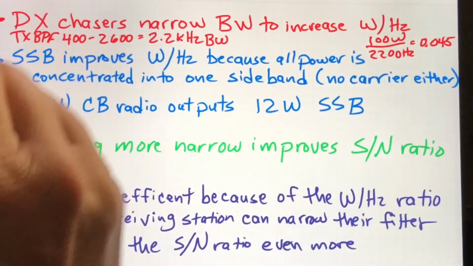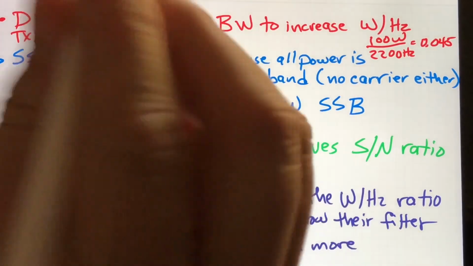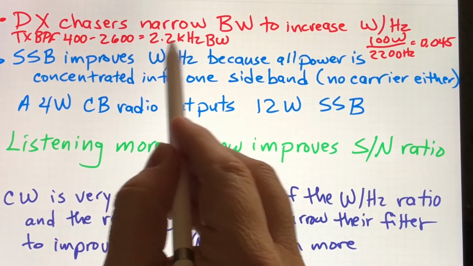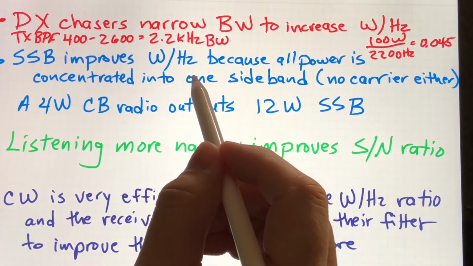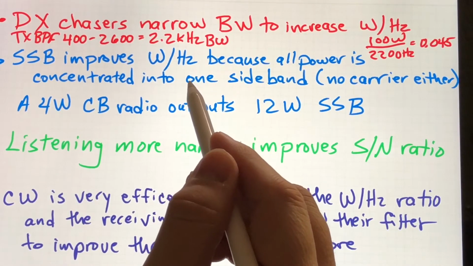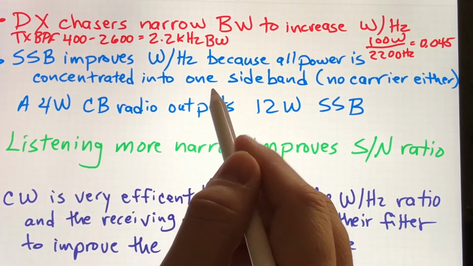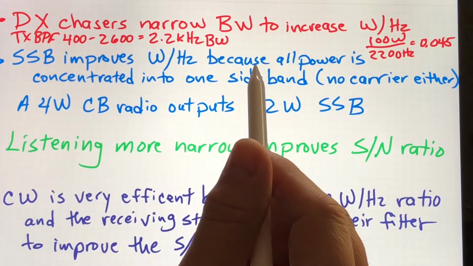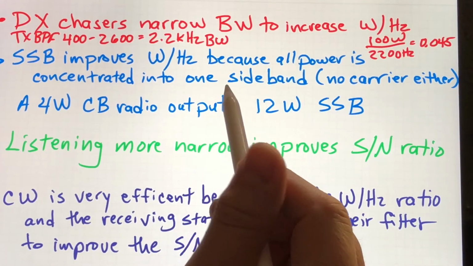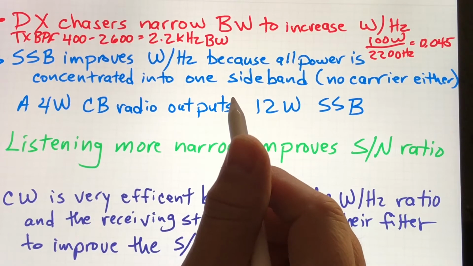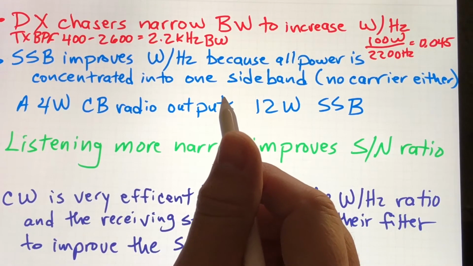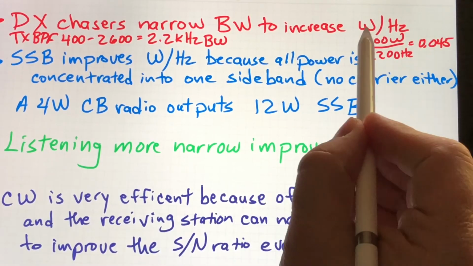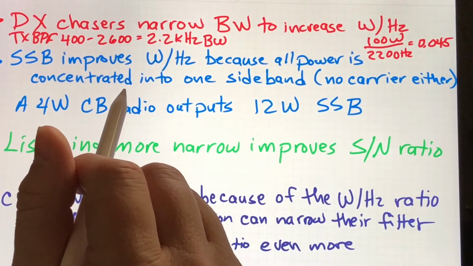So now on the transmitter side, if the person on the transmit side were to narrow their bandwidth, again, 2.2 is extreme, but honestly, 2.8 is plenty. 2.4 to 2.6 is not a bad place to land if you're wanting the best compromise between how you sound, and still have some punch, not sound too thin, but yet take advantage of the watts per hertz, the power spectral density.